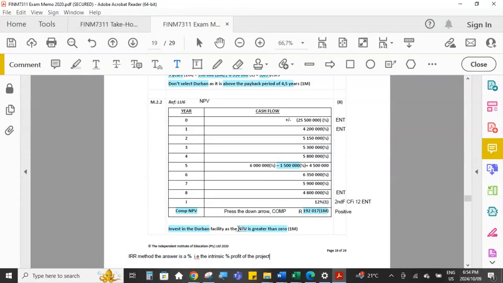And they will definitely never ask you for the interpolation method in internal rate of return, purely because it is a long method and it's very fiddly, and it's not exact when you are trying to calculate it. So you will go straight to the financial calculator method. Okay, so use the financial calculator method.